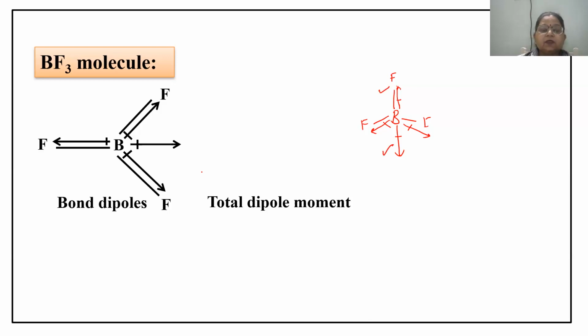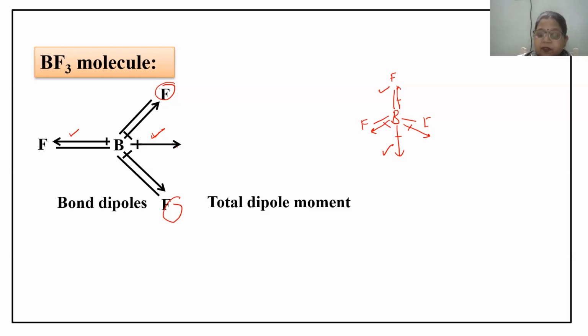Or in this image, drawn on the left-hand side of my screen, look at this and this. The resultant of this BF bond and this BF bond is in between these two, that is this one and this one. You will notice they are in opposite directions and the magnitude is the same.